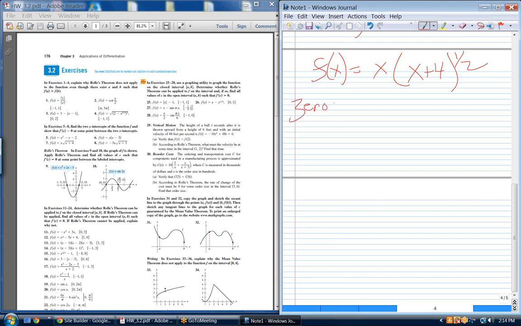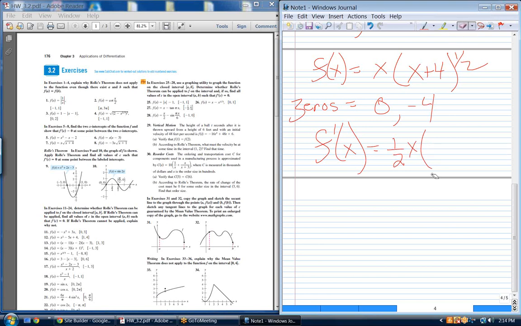We have -4 and 0. What's the first derivative of this function?